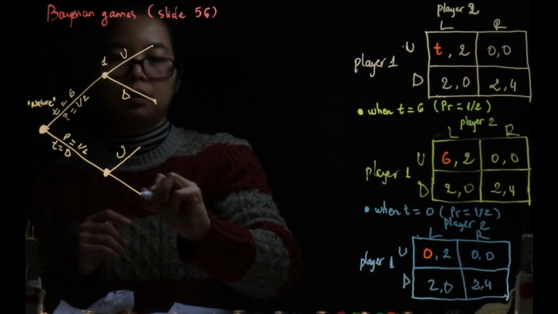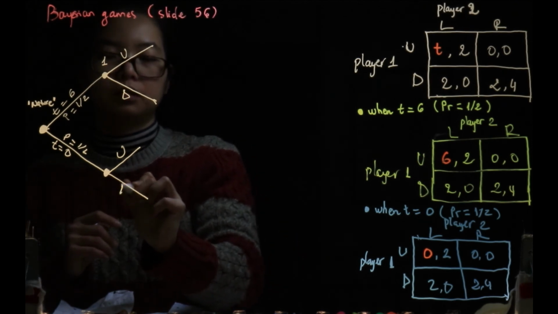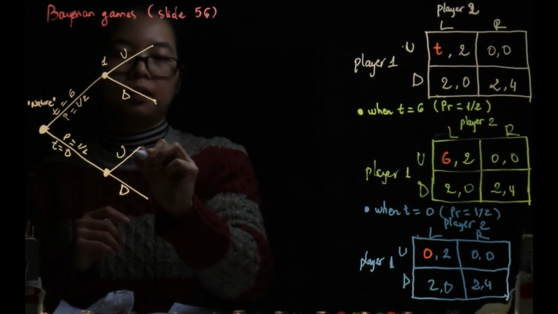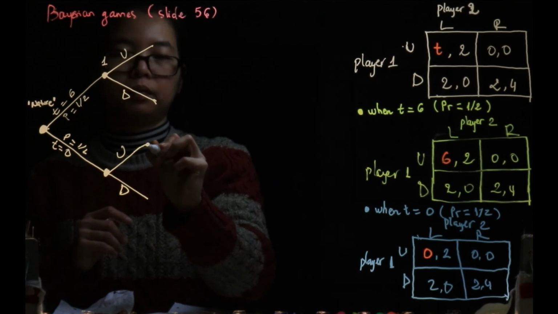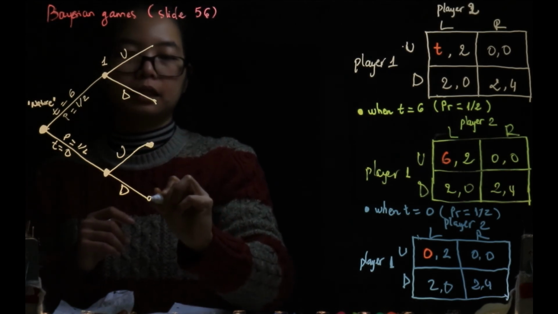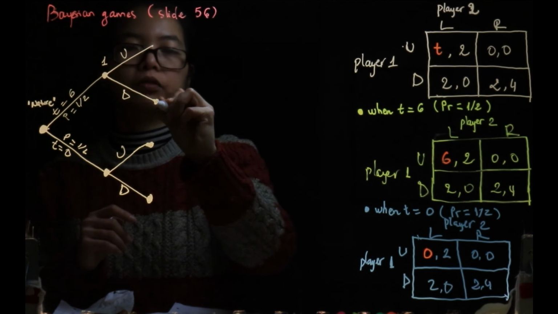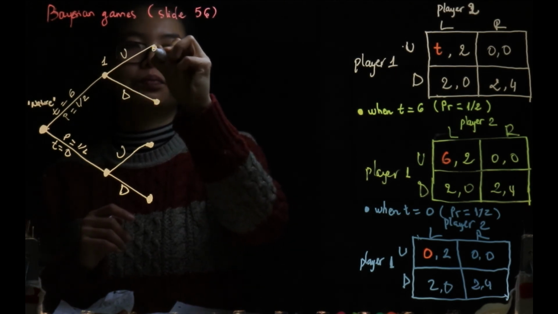Then comes the decision node of player 2.